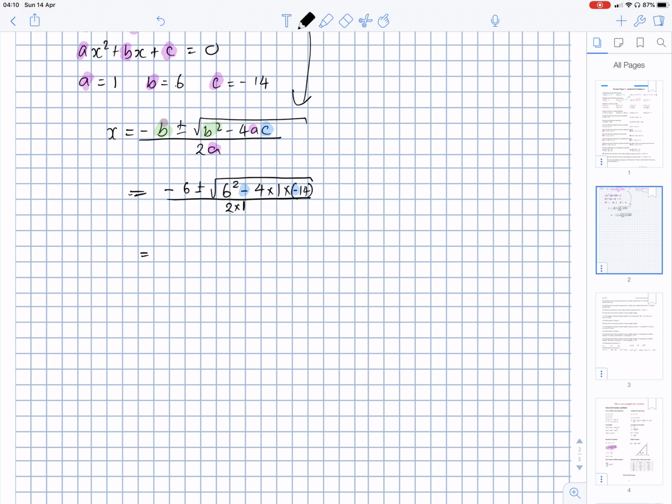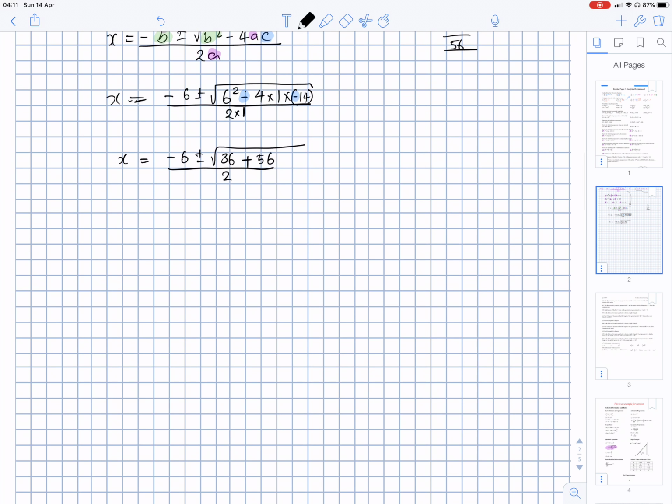So x equals minus 6 plus or minus square root of 6 squared is 36. This becomes a plus, and then 14 times 4 is 56. So this is plus 56 divided by 2, because 2 times 1 is 2.